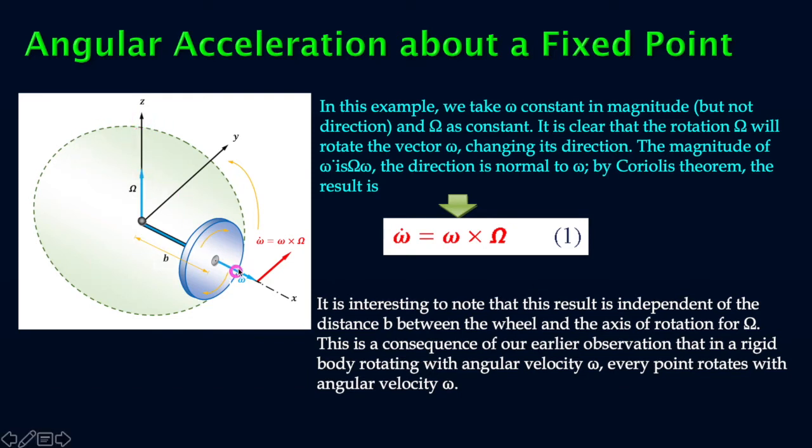If the angular velocity about this is the capital omega, then we can find out from the Coriolis component of velocity relation that there is an angular acceleration of any point on the disk.